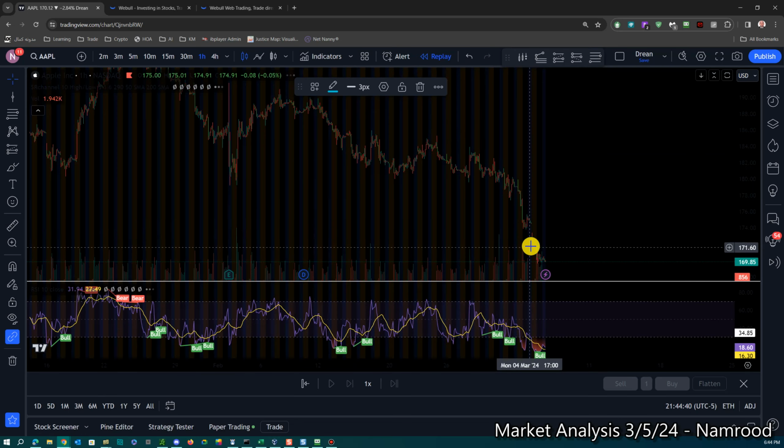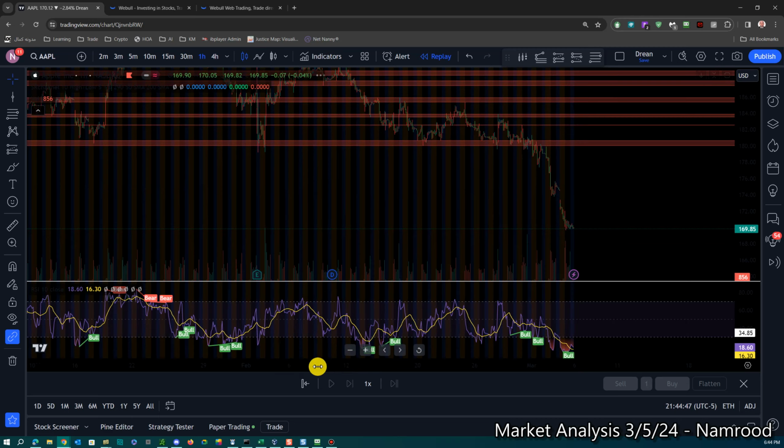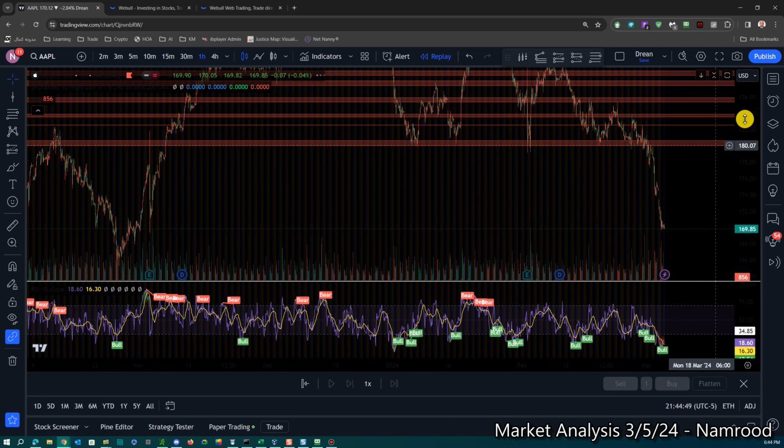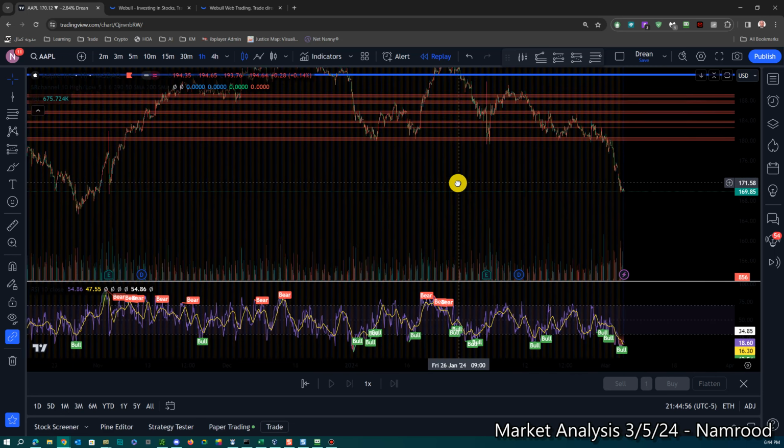And the problem with SPY in general, the S&P 500, is that the whole index is being held by the Magnificent Seven. 7 companies holding the entire index, the S&P 500.